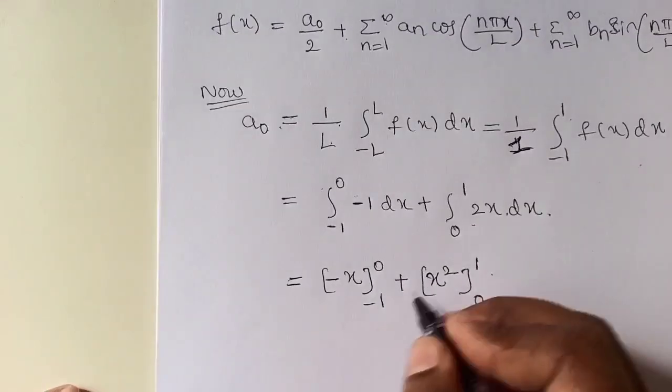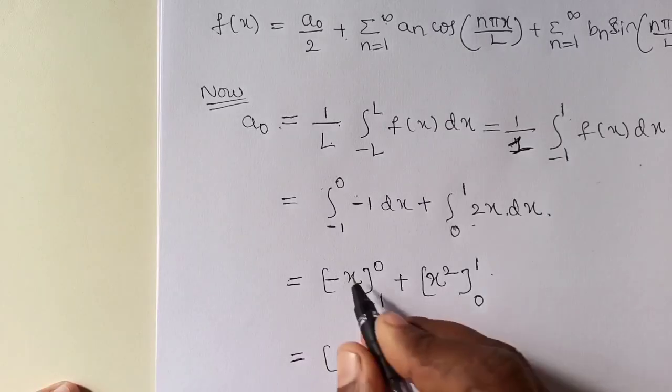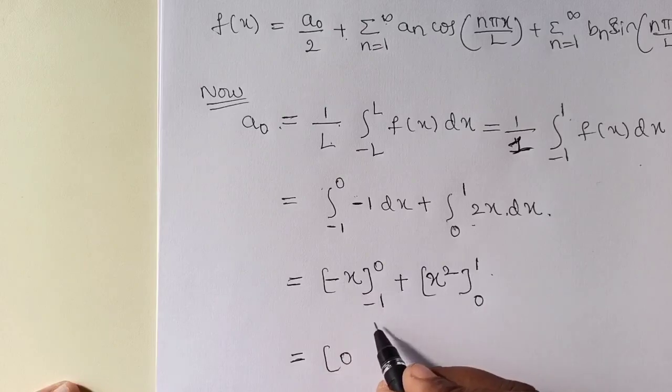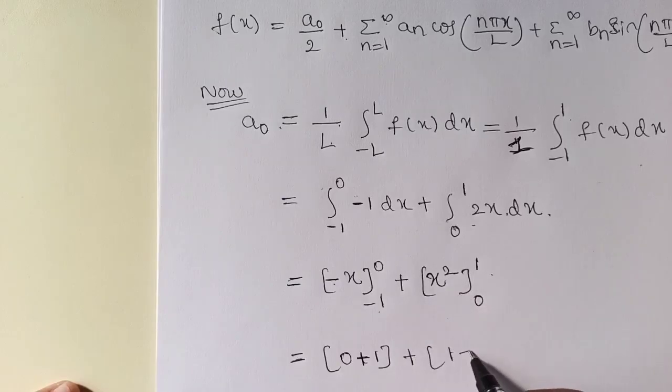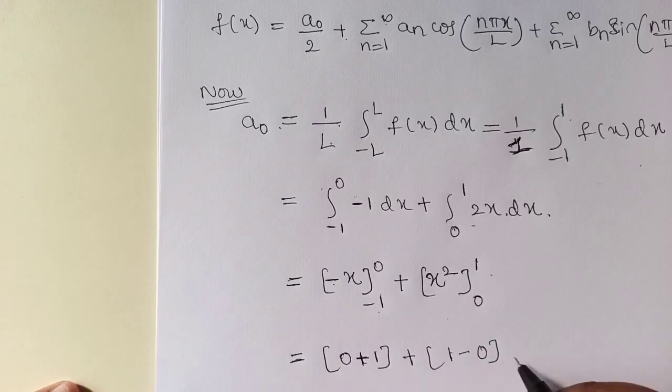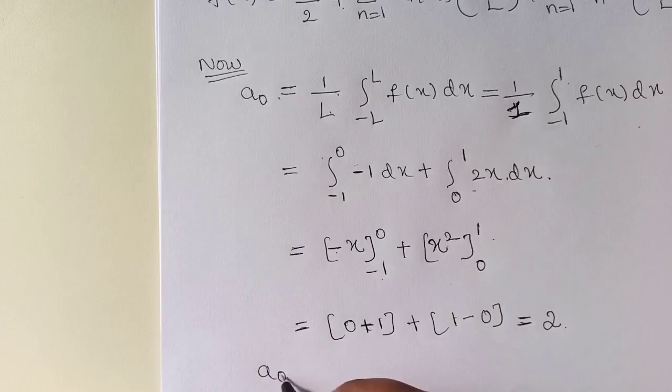Simplifying these limits, upper limit minus lower limit: minus 1 into minus gives plus 1, plus x² is 1 minus 0. So 1 plus 1 is 2. Thus the a0 value is 2.